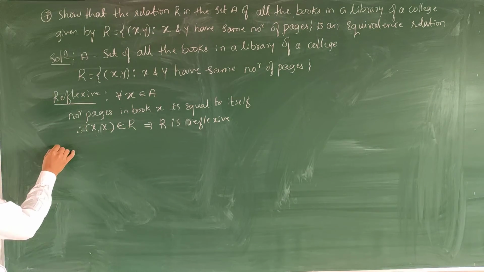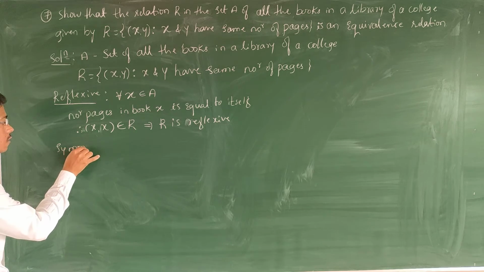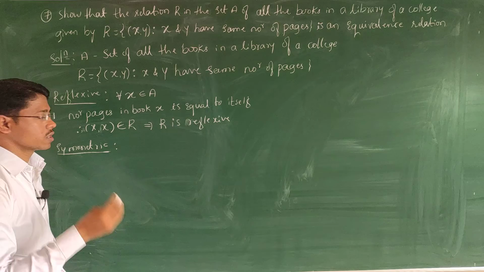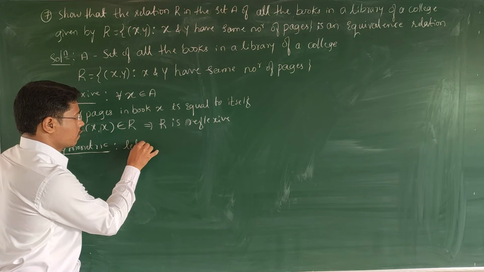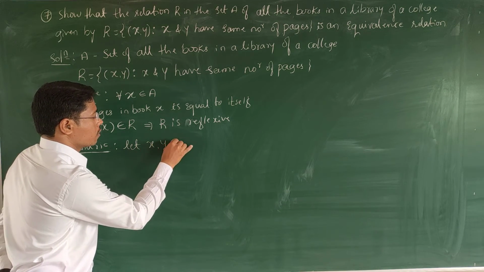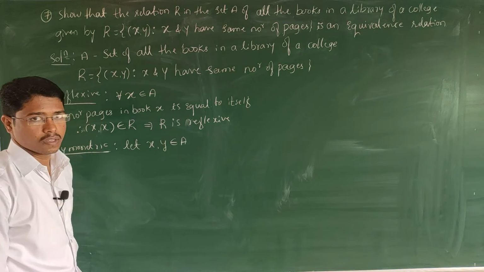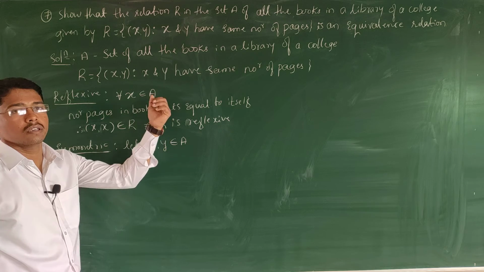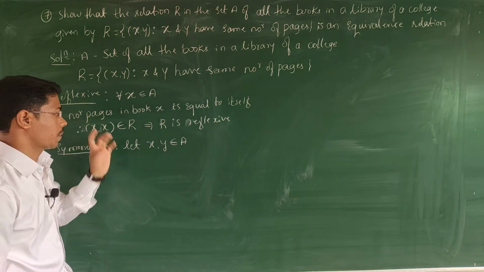Next, symmetric. So let us consider two books. Let X, Y belong to the set A. The X and Y books belong to the library of a college. Okay.